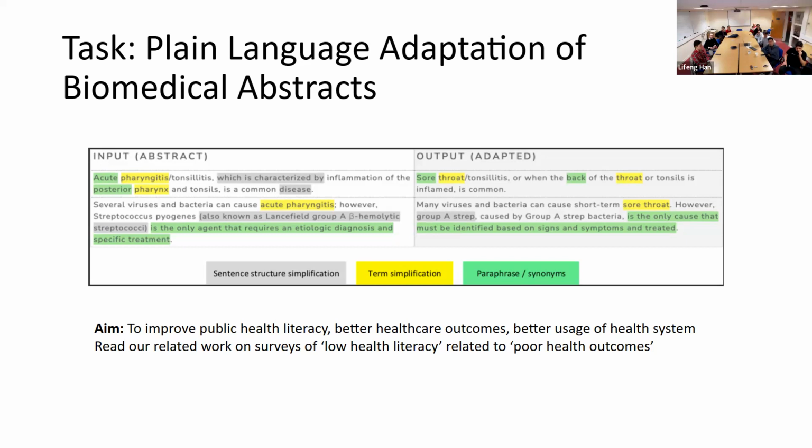We give a few examples of what the model would be expected to create. It would be expected to do some sentence structure simplification, for example removing pieces of information which might not be very useful for understanding, and also term simplification. Here, for example, we replace pharynx with throat, and also some simple paraphrase and synonym replacements.